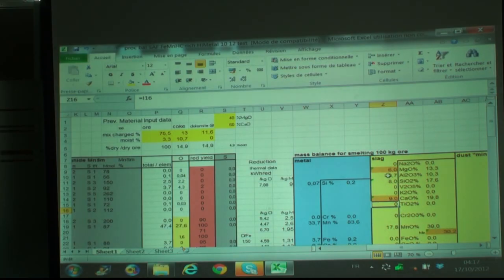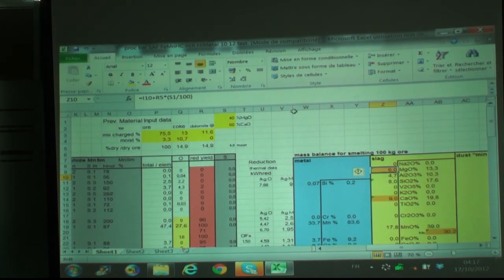Okay. So from the calculation, you calculate the upper side. The MgO and CaO is from dolomite. Yes, it comes from this external data.